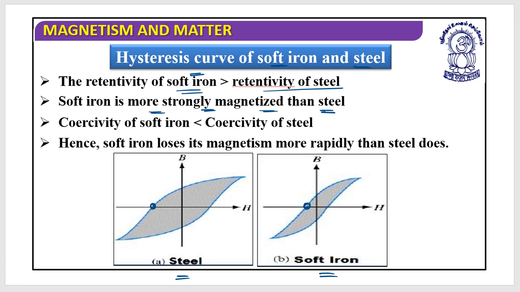Coercivity of soft iron is less than coercivity of the steel. So what we can conclude is soft iron loses its magnetization more rapidly than the steel does. Even the retentivity of soft iron is greater than retentivity of steel. So this is the graph for the hysteresis for the steel and the soft iron.